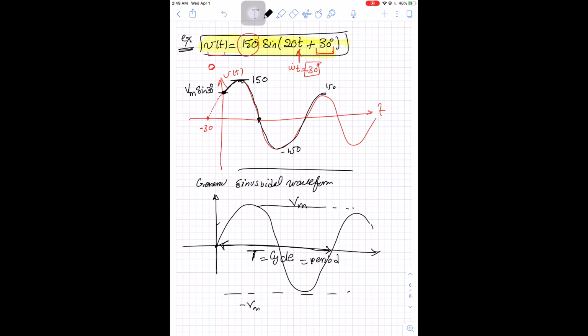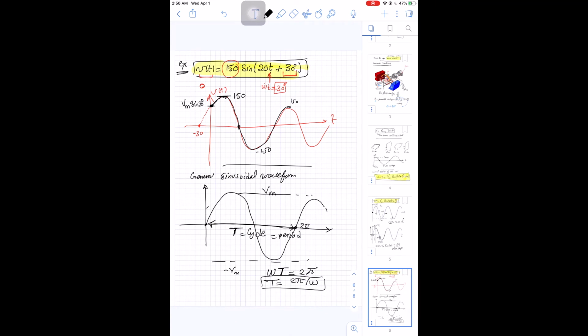And this cycle time T, if we multiply it by omega, this will equal the angle in radian, the complete cycle, or 2 pi. So the relation between omega and T is this equation: omega T equals 2 pi, or T equals 2 pi over omega.